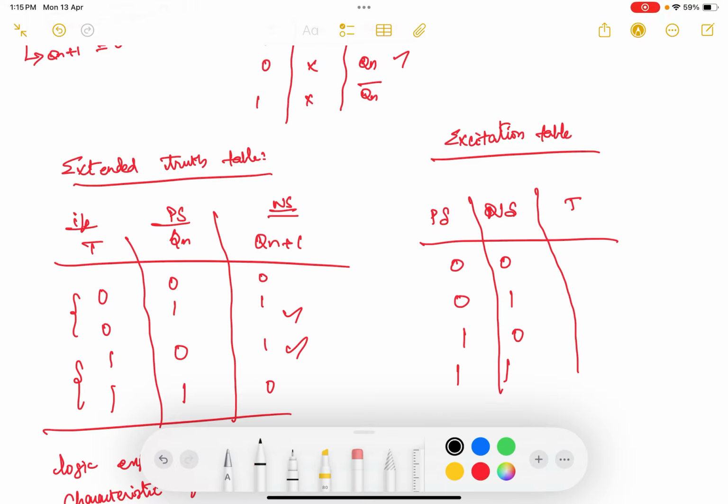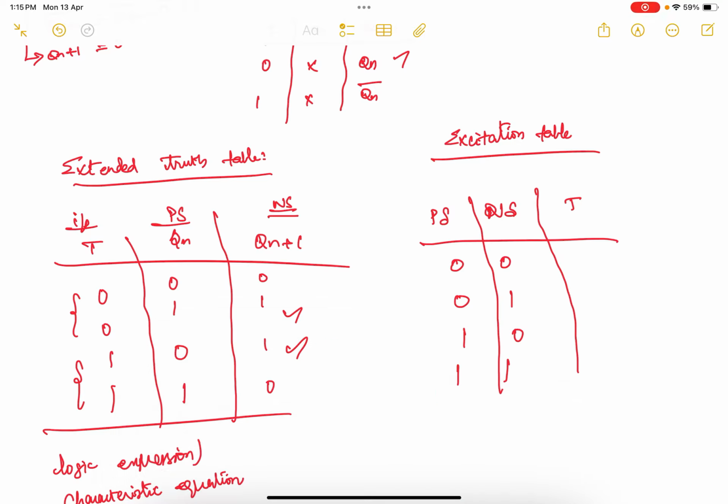So I will go with the other color. First is 0 0, where you have your present state as 0 and next state 0. For 0 0 the mandatory input is 0. For 0 1 the mandatory input is 1. For 1 0 the mandatory input is also 1, and for 1 1 the mandatory input is 0. Clear?